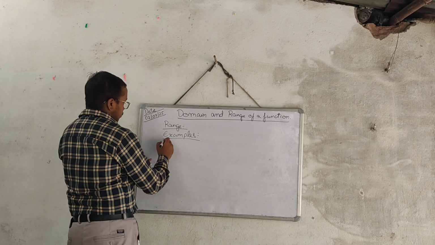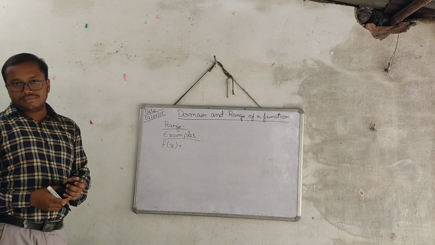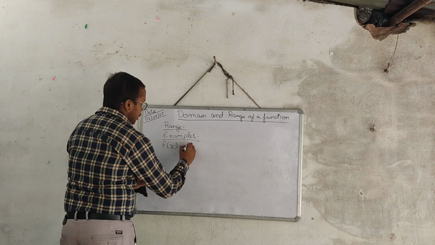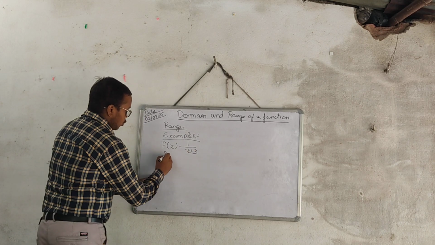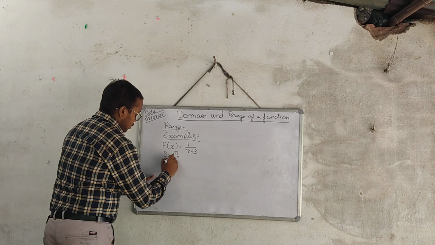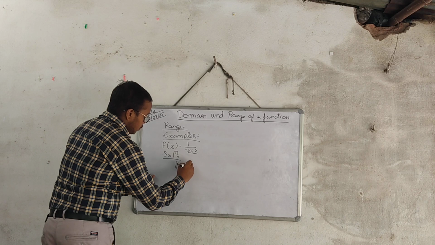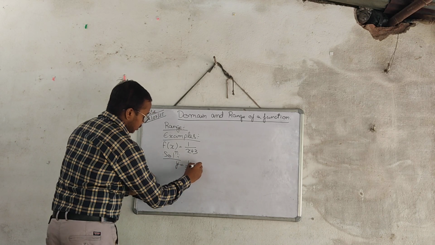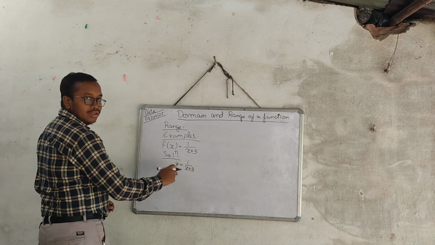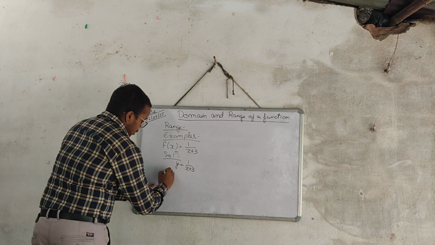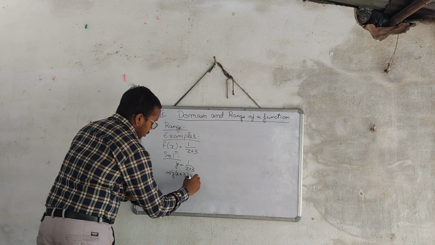Let's consider a function f(x) is equal to 1 by x plus 3. Now solution of this will be, let's consider f(x). Let us write this equation as y is equal to 1 by x plus 3. Now we will make this in terms of y. y times (x plus 3) equal to 1.